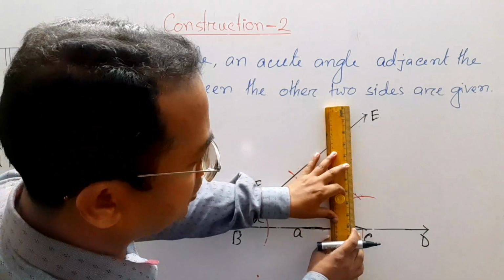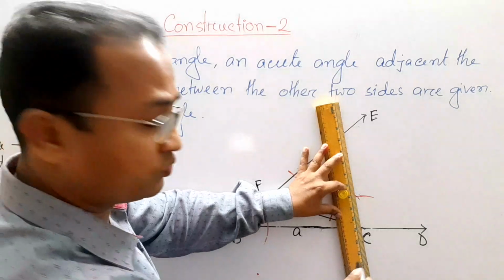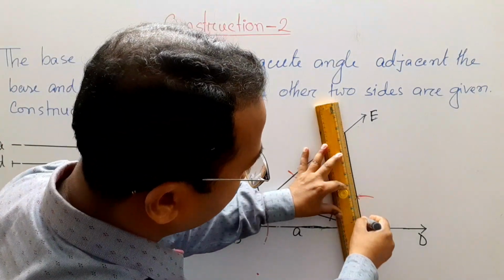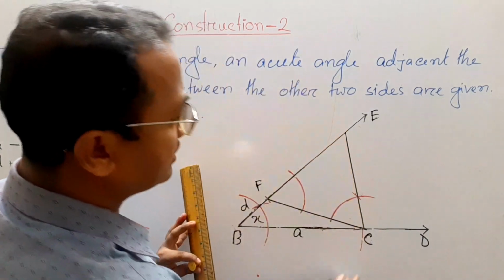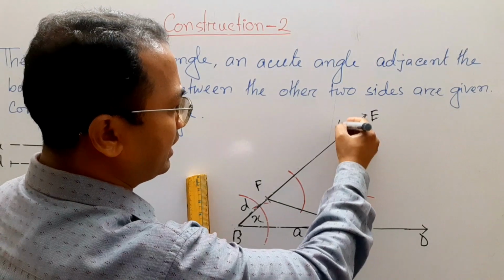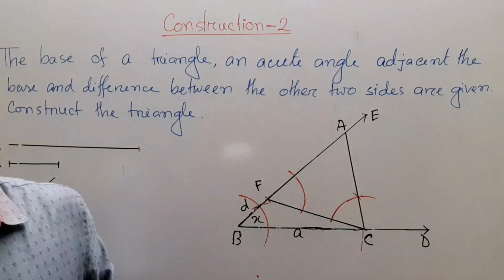Look, it intersects the ray BE at A. So ABC is our required triangle.